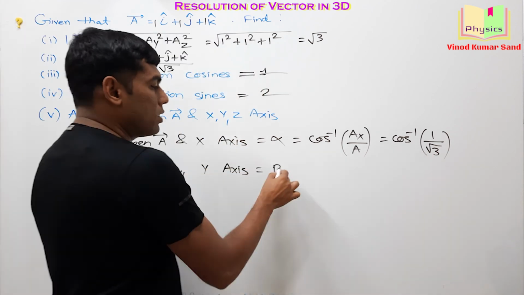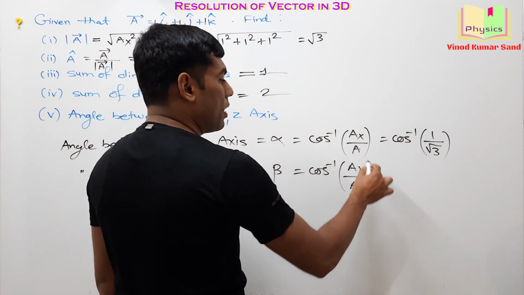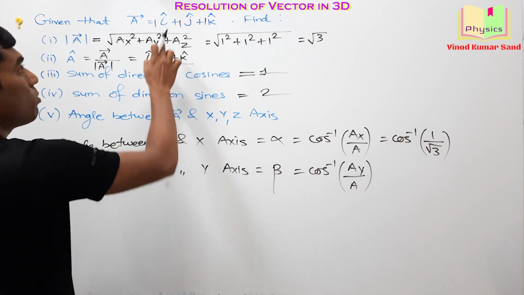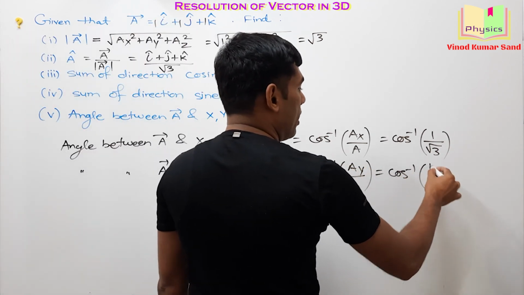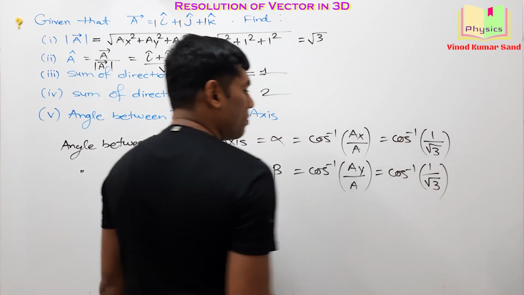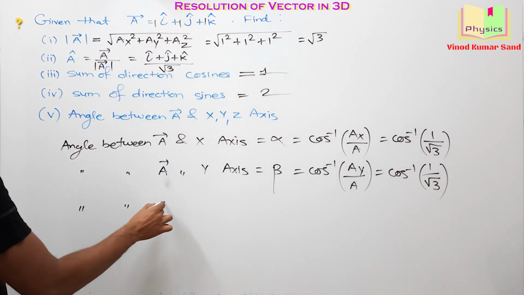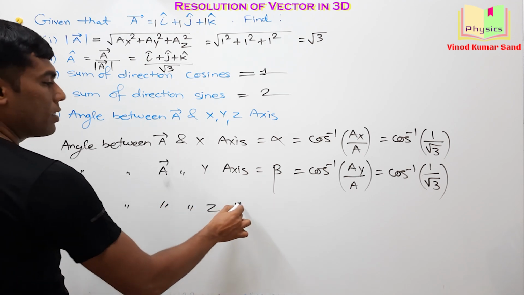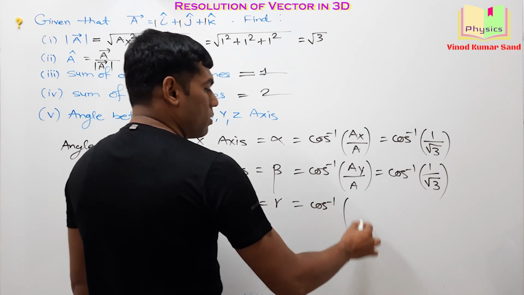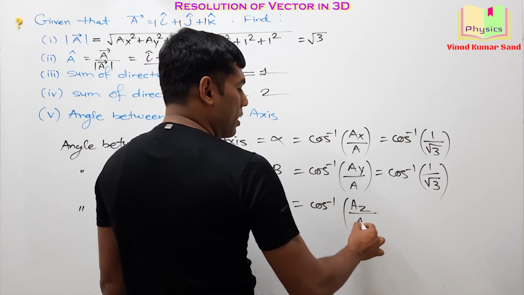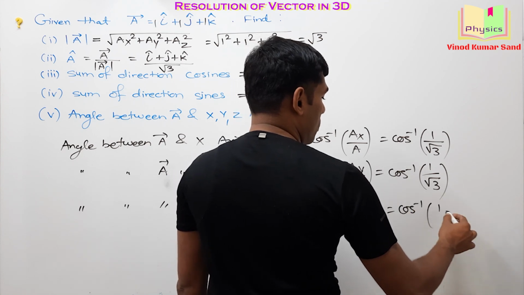Getting it? Beta is cos inverse of AY by A. Here AY is 1 and A is root 3. Done. The same answer is valid for the z-axis also. The angle gamma is cos inverse of AZ by A, and we know the values.